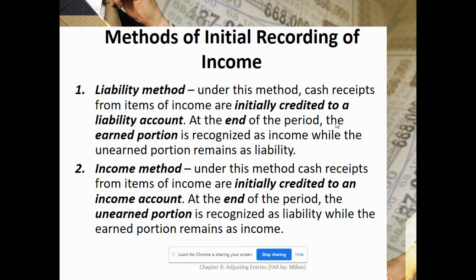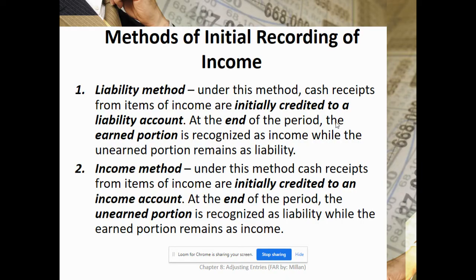Kapag nakabenta ka ng barbecue at naka-receive ka ng 1,000 pesos as payment for that barbecue, ang entry mo doon ay debit cash, 1,000 pesos, and credit sales, 1,000 pesos. Yun yung ginagawa natin. Yun yung initial entry mo.